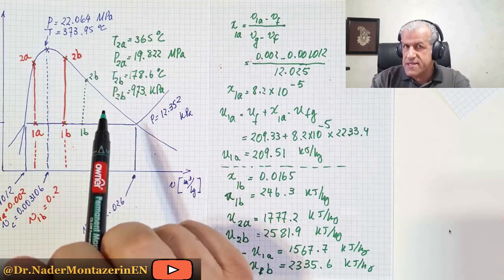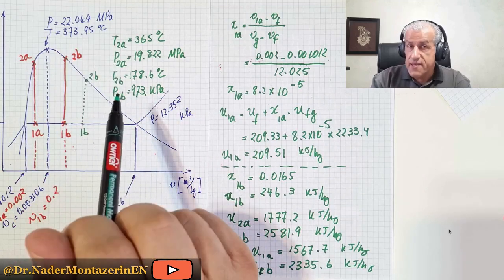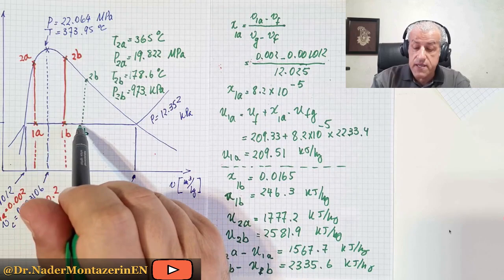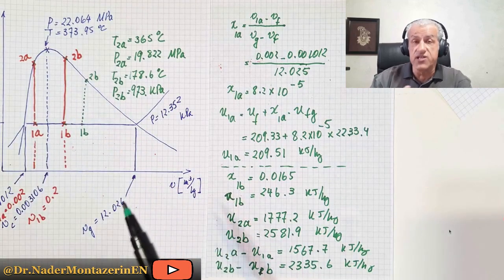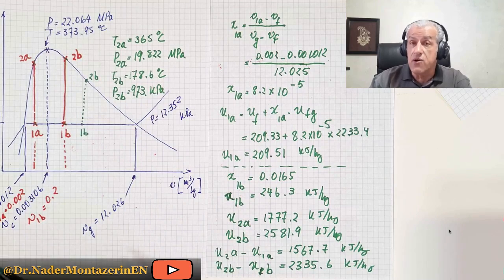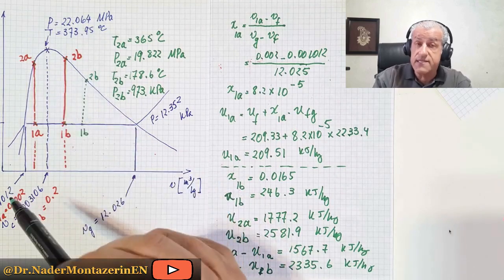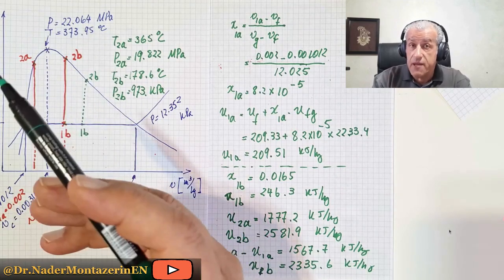And the reason is very simple. The reason is because the water here has vaporized. The change of energy is because liquid water, in this case, is turning to vapor.